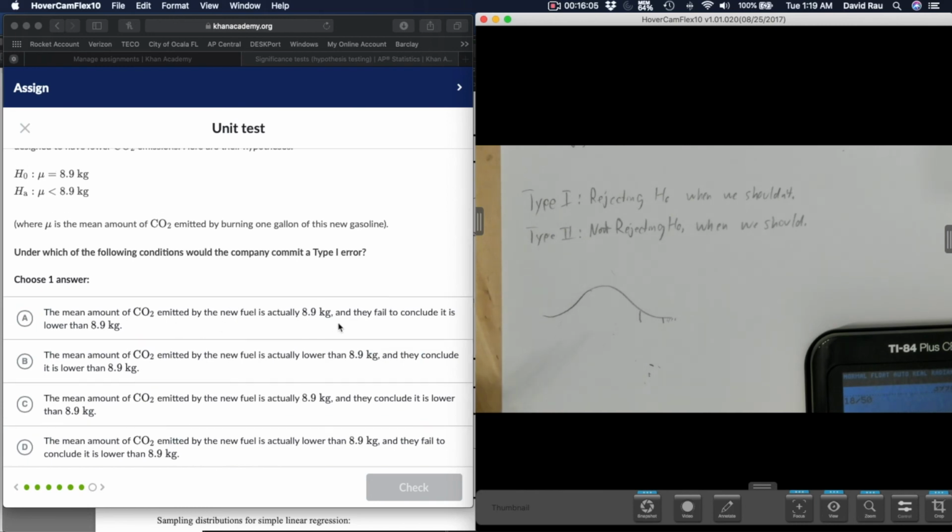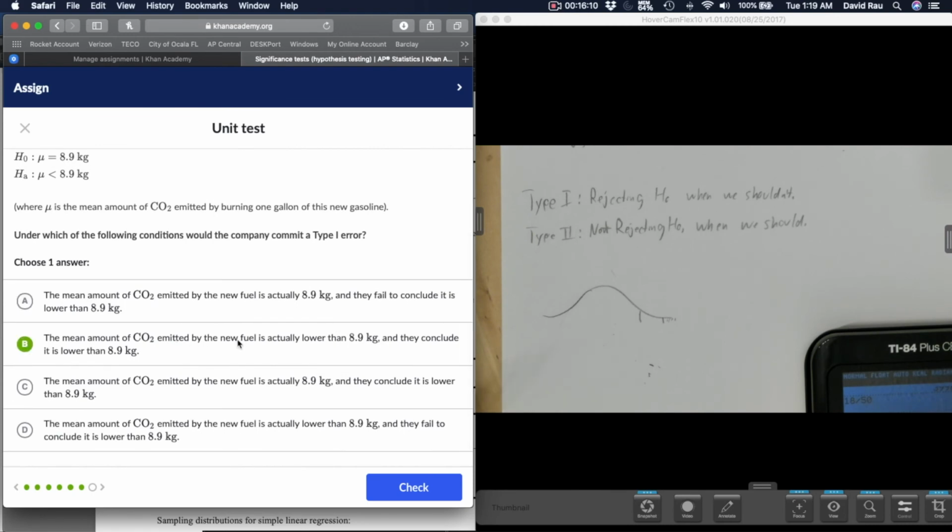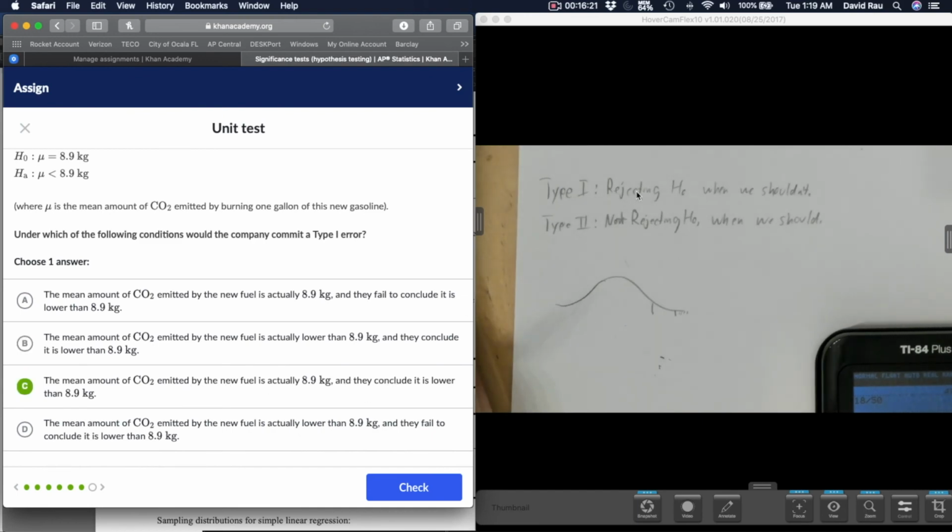So it is actually 8.9, but they conclude it's less. So get your wording straight, but that's what that means. Rejecting H0, saying this is not true. In other words, going with this, when this is actually true.